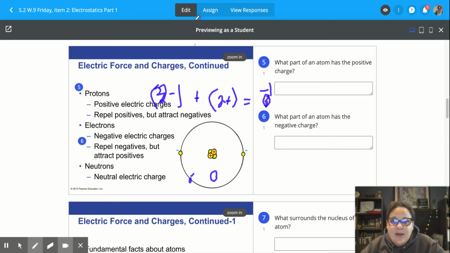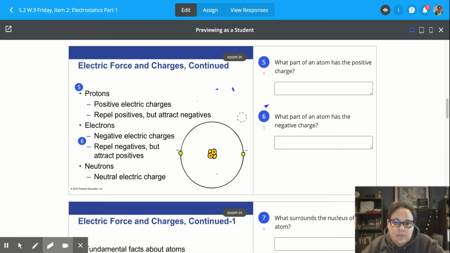Now, if I take away electrons, let me go ahead and erase this just so we can see this better here. If I delete an electron, remove it and move it over here or something, it gets scraped off in the process of static charging, friction, something like that.